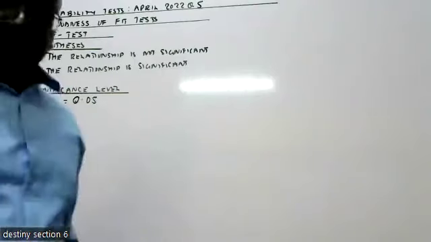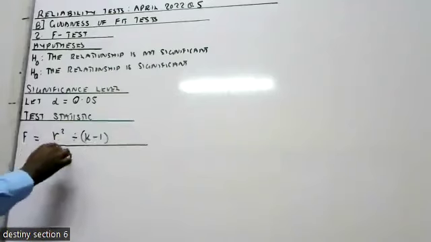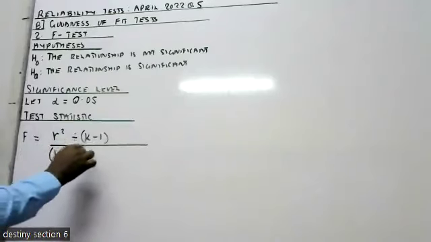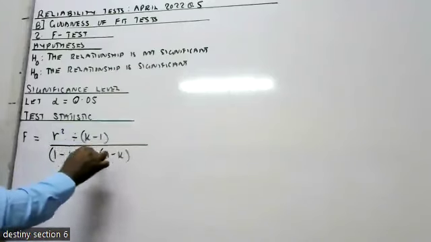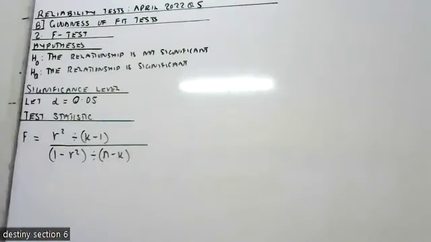Now, in the test statistic, F is usually given as R squared divided by K minus 1, which is divided by 1 minus R squared, which is divided by N minus K. So in this case, we compute something we call F calculated.